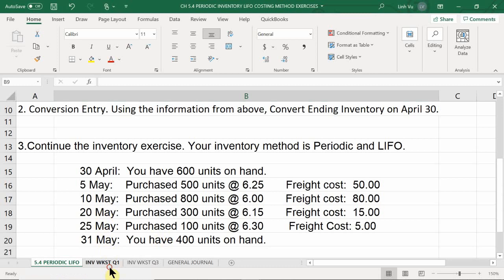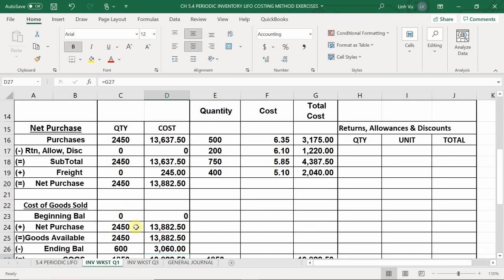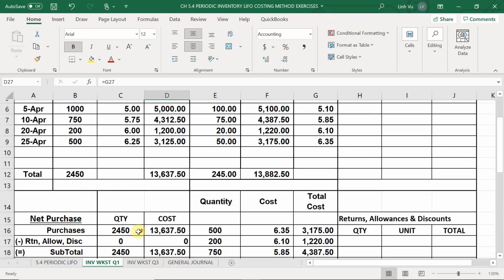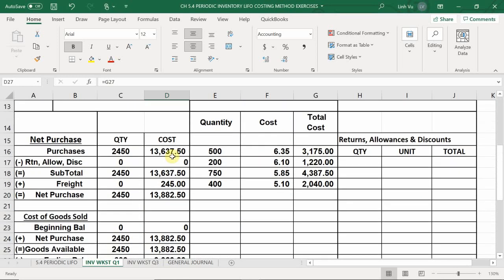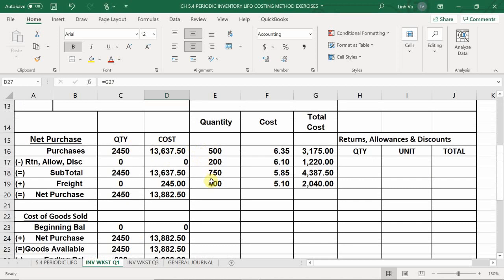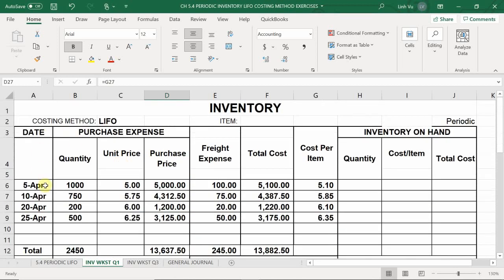But we solved it in our previous inventory worksheet. We know that out of the batches of inventory, we tapped into all 4. So therefore, the only one that we have left would be this batch right here, for our 600 units.